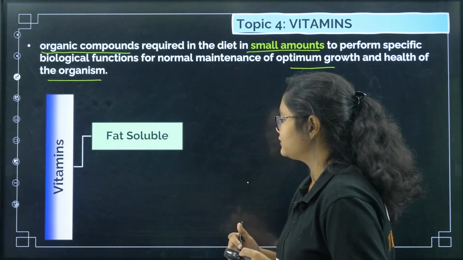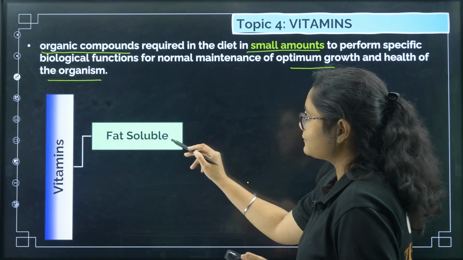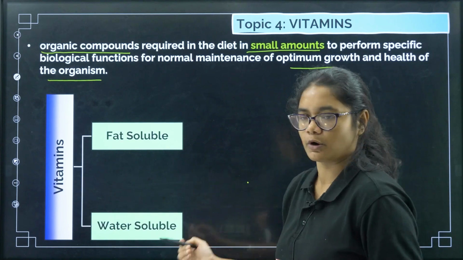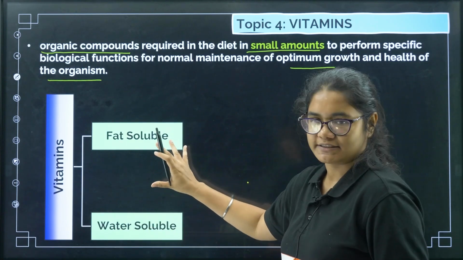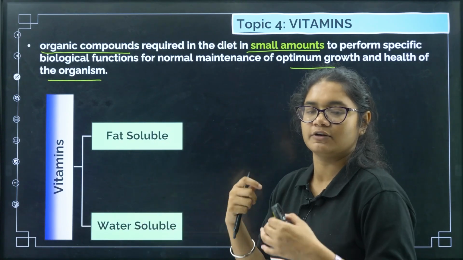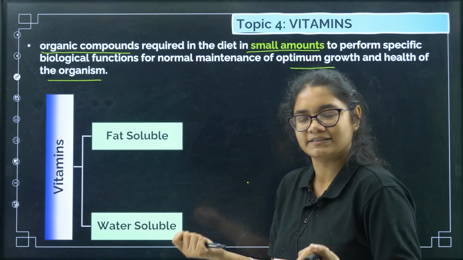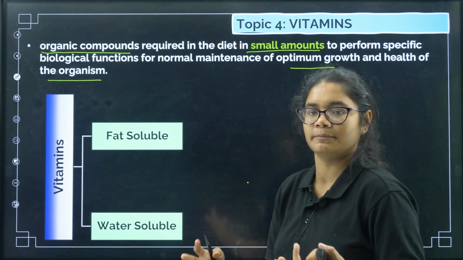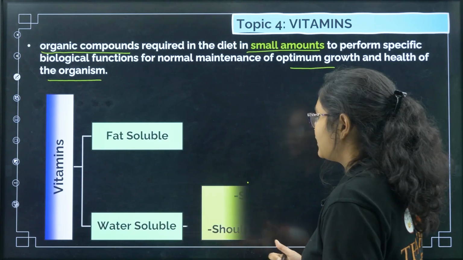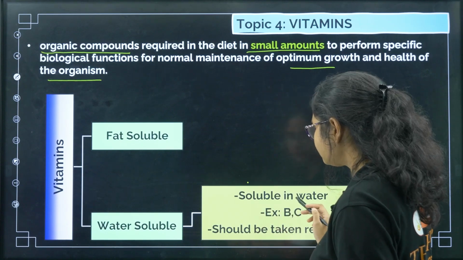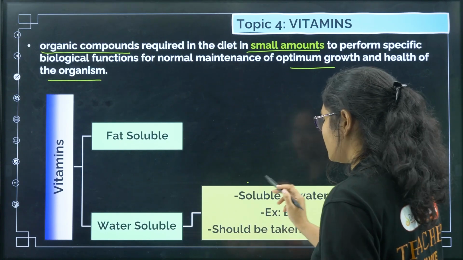Okay, next coming to the classification of vitamins. Vitamins are of two types, one is fat soluble and one is water soluble. As the name suggests, fat soluble means it will be dissolving in fats and oils. Water soluble means it will be soluble in water.